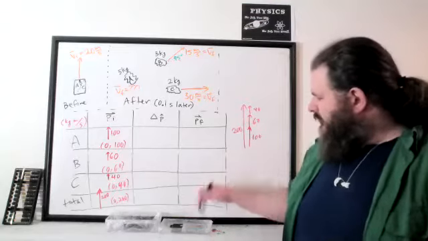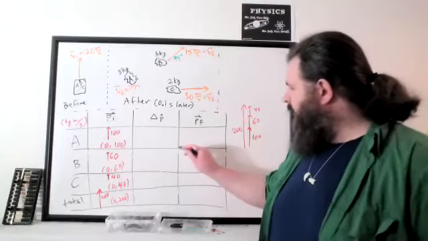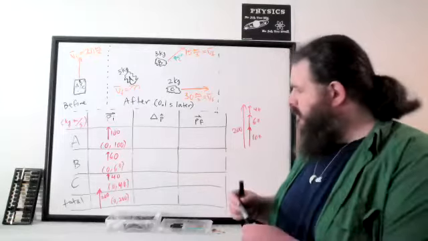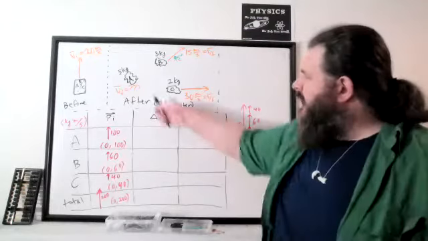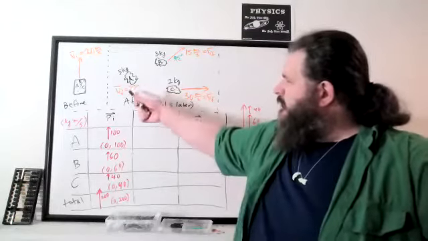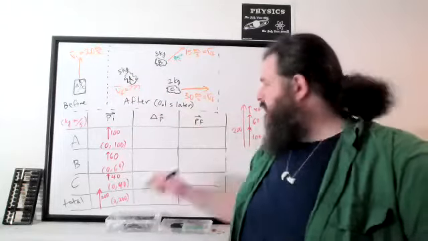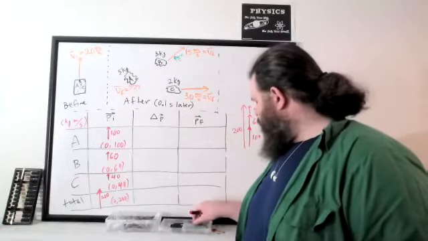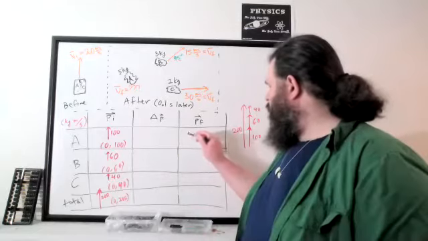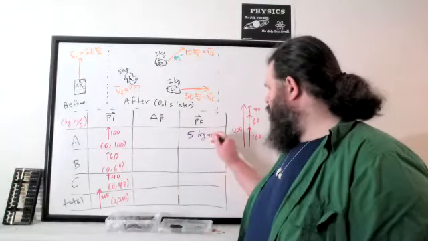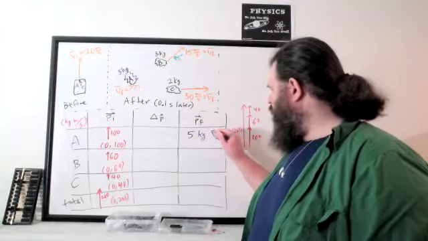And I think we can fill in some of the final values because we have some of the final velocities. Object A, we can't really yet. I mean, object A, we could at least write out 5 kilograms times this unknown V final. We don't know what V final is.